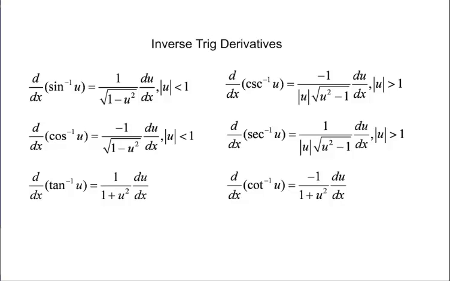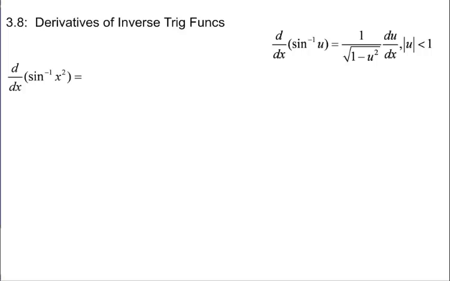I'm going to go ahead and slide into the first example. So we've got this inverse trig function, arc sine of x squared. Now the arc sine of x squared doesn't fall into one of our other regular categories, but it does fall into the arc sine category.